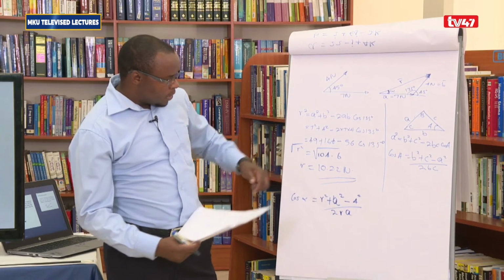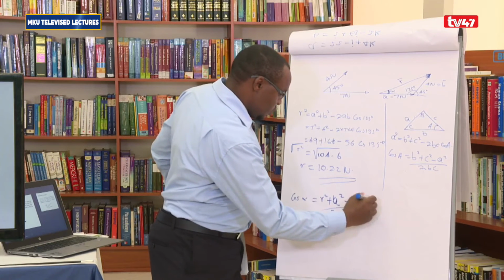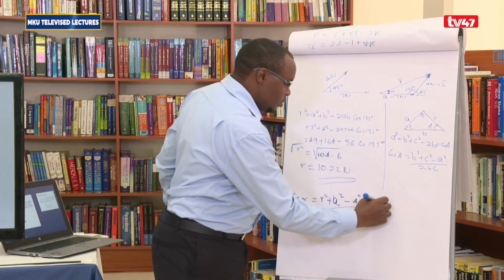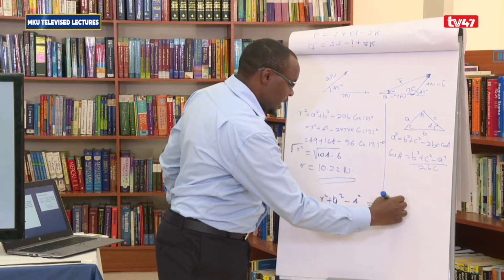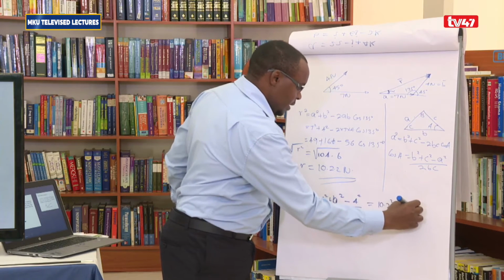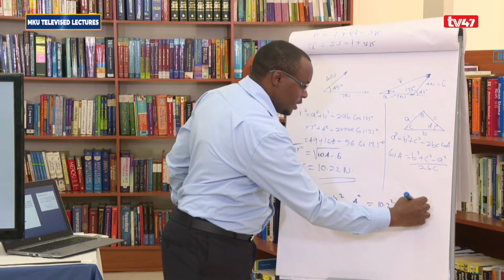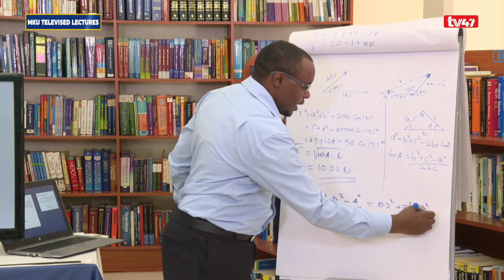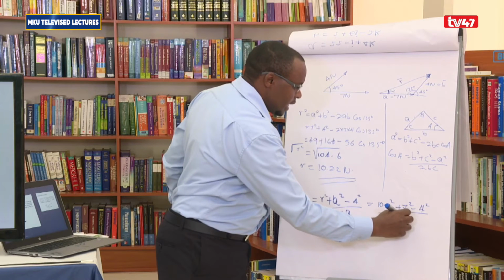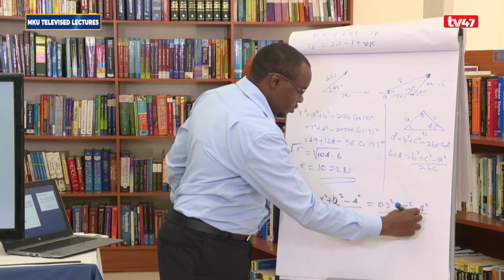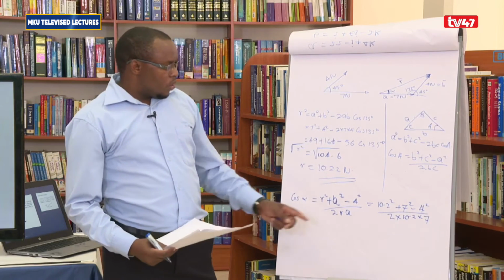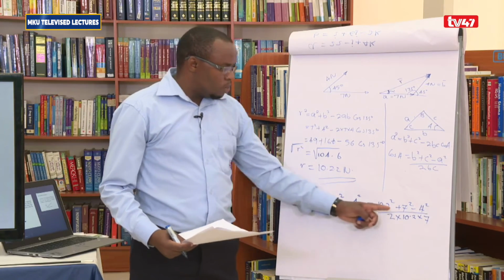Then we put the values. Our R now is 10.22, just use 10.2 squared plus 7 squared minus 4 squared, which is 16, and then all over 2 times 10.2 times 7.